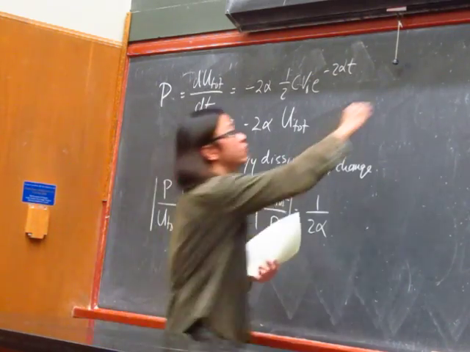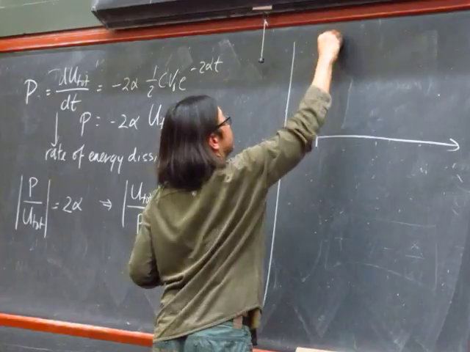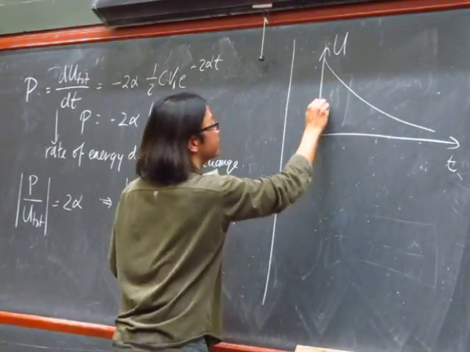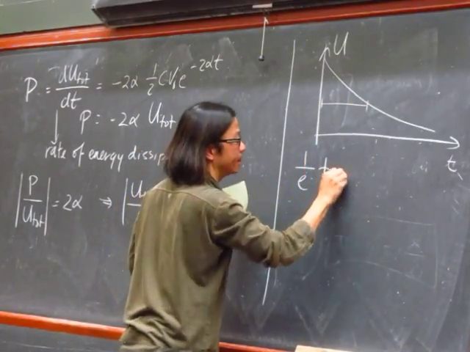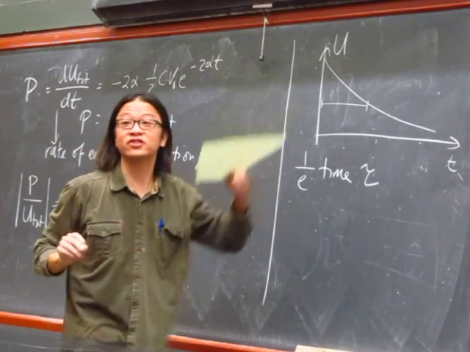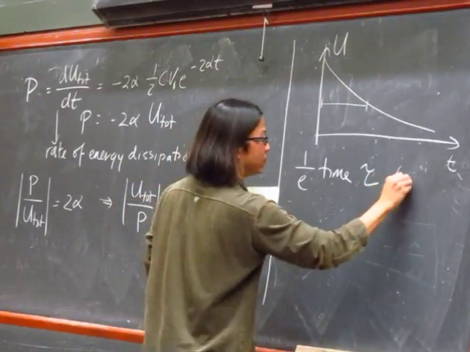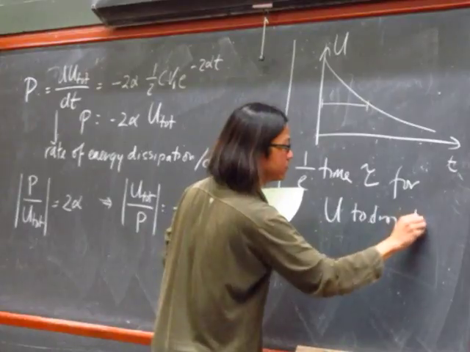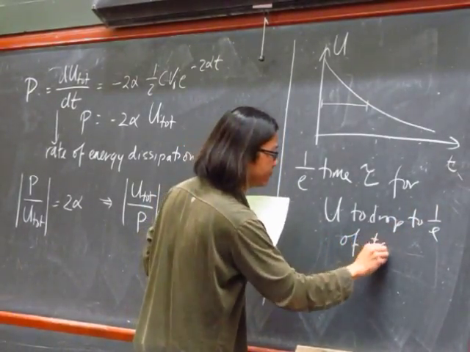But if I look at the form of the energy drop as a function of time, there is a characteristic time, tau. This is the tau that I'm going to use, for U to drop to 1 over e of its original value.